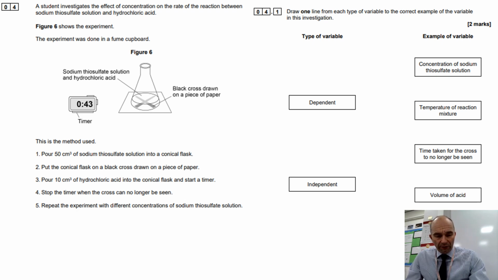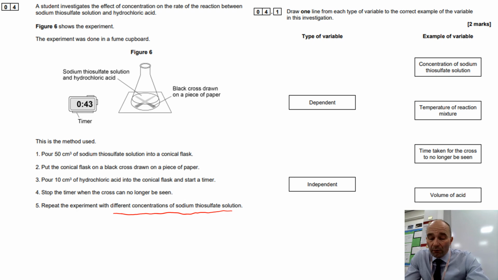Now, step 5 is important because this is going to tell us some useful information. We need to repeat the experiment with different concentrations of sodium thiosulfate solution. Now, different suggests that we're changing the concentration of sodium thiosulfate solution. Like I said, that will help us with the next question with variables.